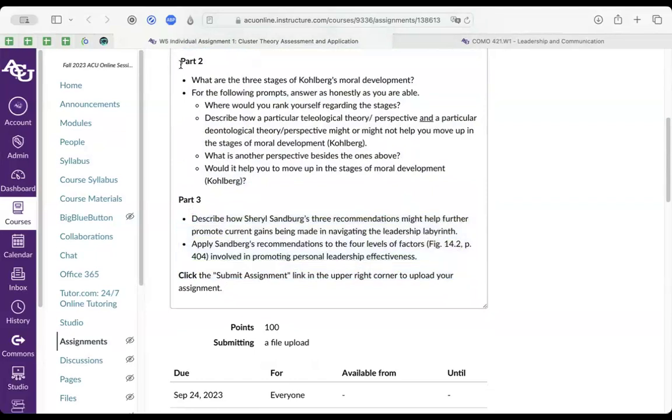So we basically have three core leadership concepts in here. We have the moral development stages, two theories of your choice, and then applying Sheryl Sandberg's recommendations as if they were another leadership theory. And so we're going to be talking about them very, very similarly in this.